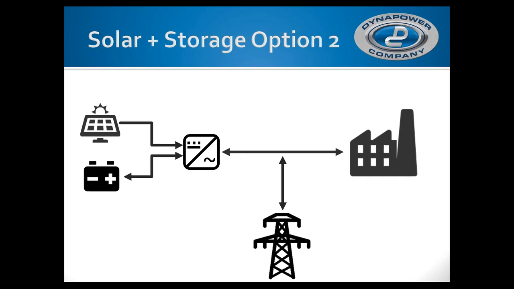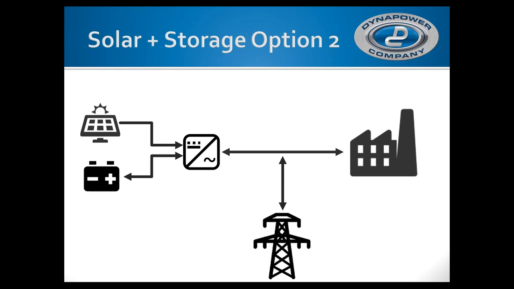I'm going to go ahead and jump to option 2 to highlight the contrast. In this case, what you're doing is, in essence, pulling out that existing inverter or inverters, whatever the case may be. In this particular design, you've got a single inverter, what we're going to call a dual port inverter. So there are 2 DC ports coming in, one for the PV and one for the battery.